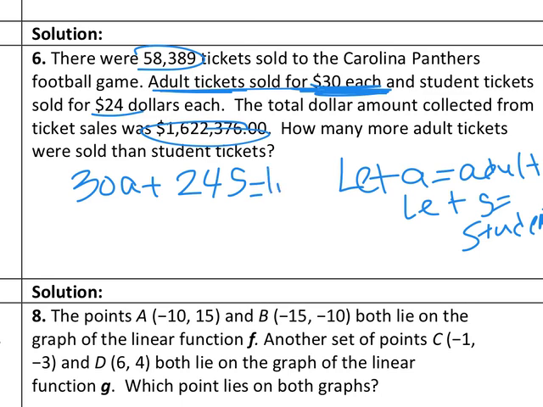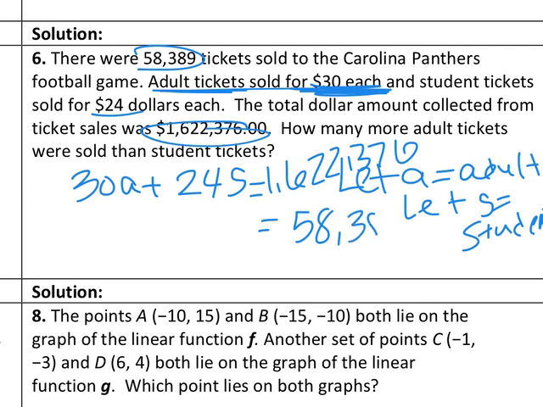I'm going to put this right there. Okay, and then it says that there were 58,389 tickets sold, and that would be the combination of adult and student tickets.